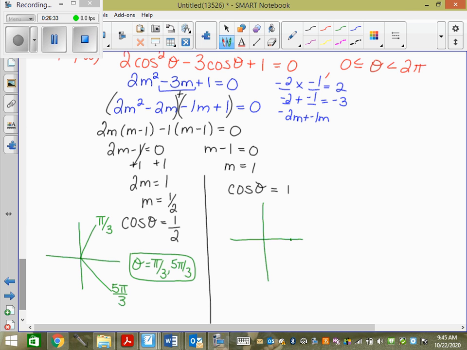Where x is equal to 1, which is here, right? Which is at 0, and 2 pi. We agree? What's my catch? It can't be 2 pi, so it's just going to be theta equals 0. And so when I write my answer in the end, I'm going to go theta equals 0, pi over 3, and 5 pi over 3.